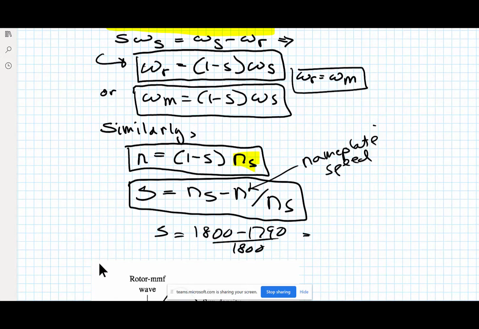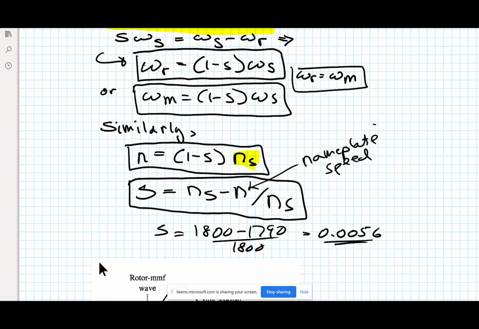So that's 1800 minus 1790 divided by 1800, and that is a slip of 0.0056. I don't know whether that's common or not. Maybe that's more of a no load. I don't know why 1790 sticks in my head. It's always the first thing I do. It's actually more of a no load, so let's just treat it that way.